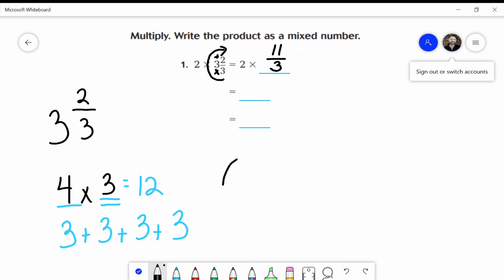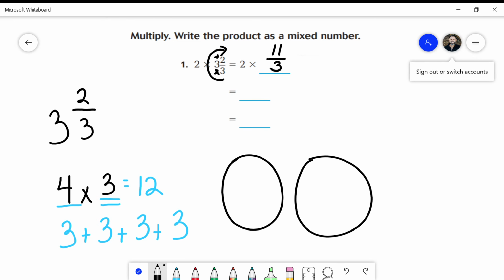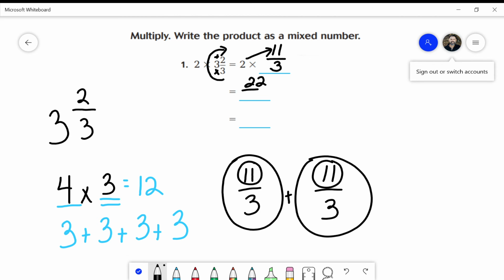If we think about what multiplication is, it's just repeated addition. We're going to repeat 11/3 2 times. So 2 times the 11, we just have 11 plus 11 right here inside the groups, that's 22, and the denominator is thirds.